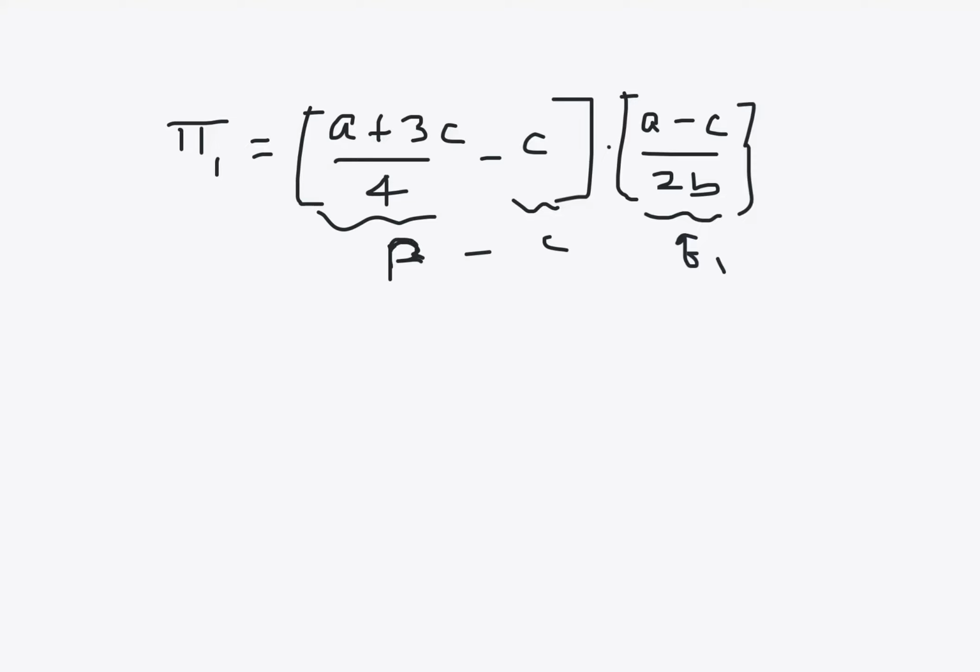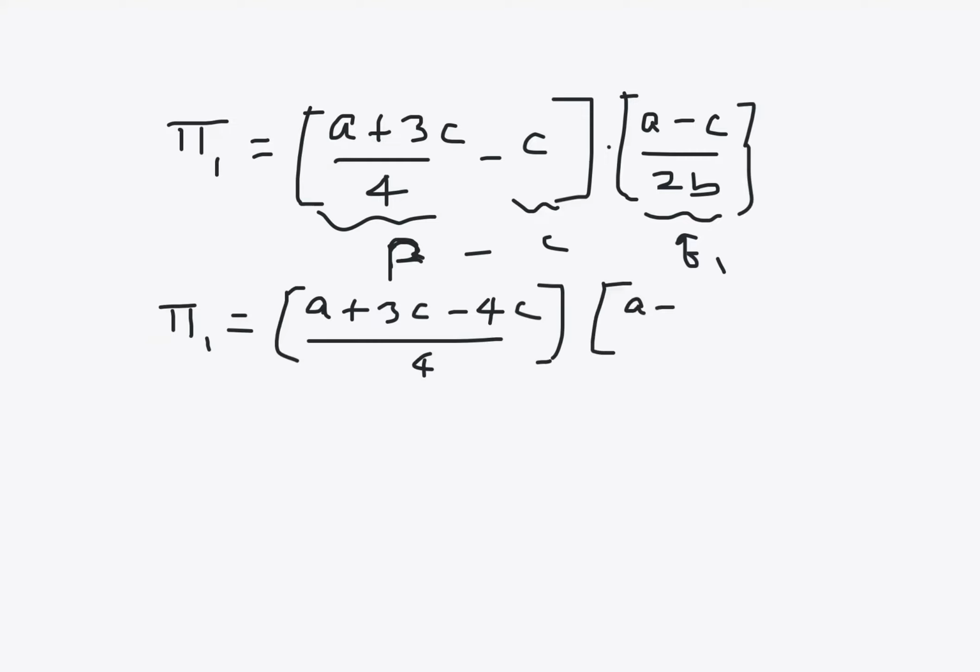Okay, so the profit of firm 1, you can simplify it further. You are going to get (A plus 3C minus 4C) over 4 times (A minus C) over 2B.